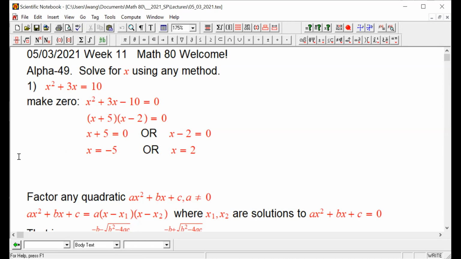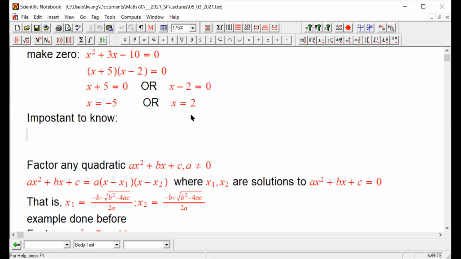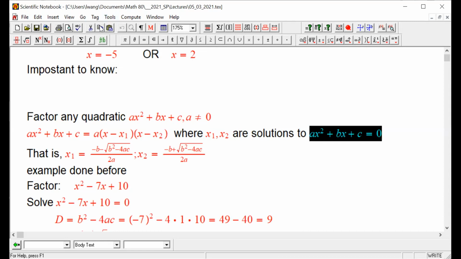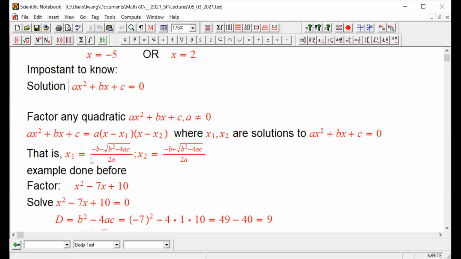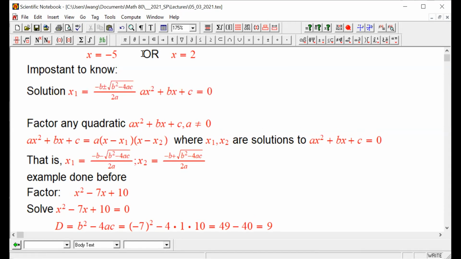The only thing you need to remember is that the quadratic formula, the solution x equals plus minus, is for ax squared plus bx plus c equals 0, this quadratic equation.